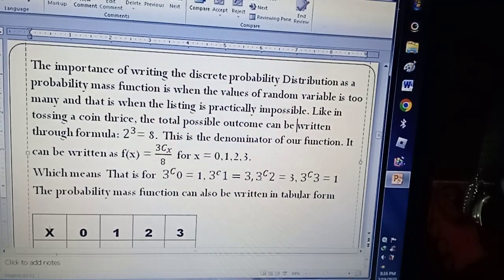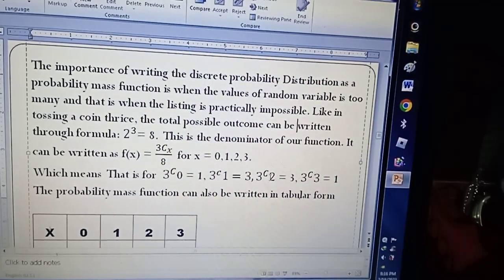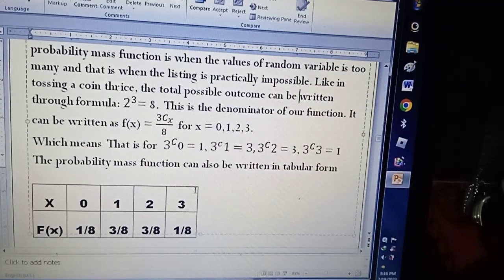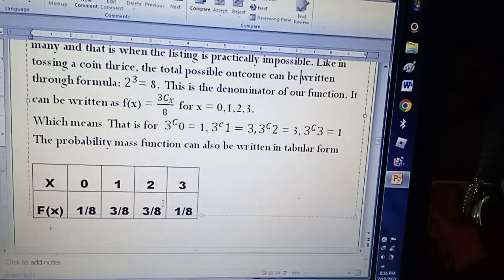Also, this one, 3 tossings of coins, and there are 2 heads that come out. There are 3 outcomes also. And 3 tosses of coin and 3 heads come out, there is only one outcome. So that is it, no? And repeat, the probability mass function can also be written in tabular form, the same result, no, as we are going to present it in the table.